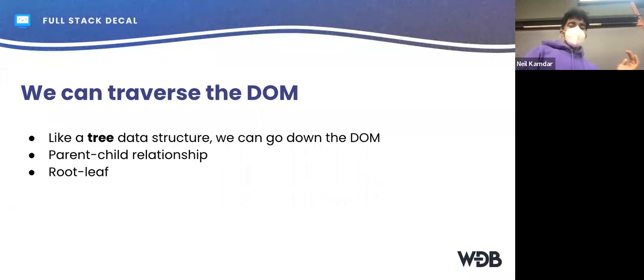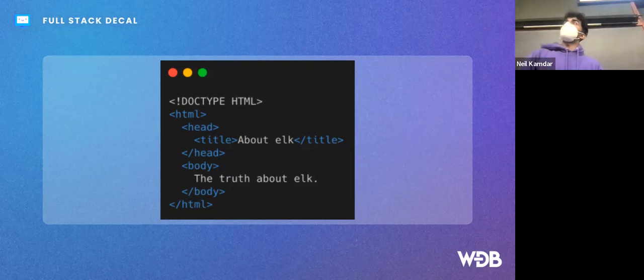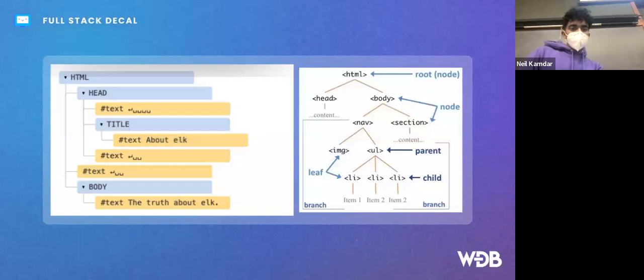Using this tree data structure, we can go down the DOM, and we can also go up the DOM. So in the last slide, we had the HTML, and we can go down to the head, then down to the title, and visit the different tags. So it forms this parent-child relationship, as well as this root-leaf relationship that consists of different branches.